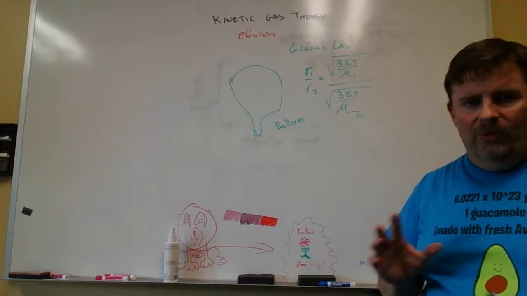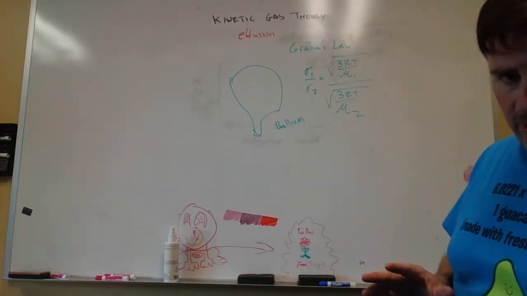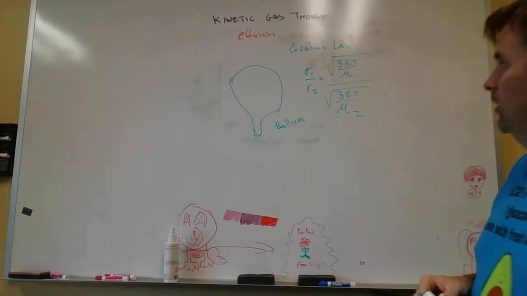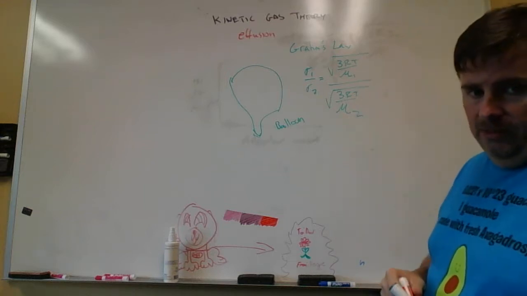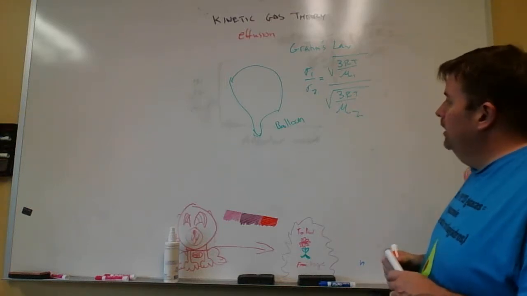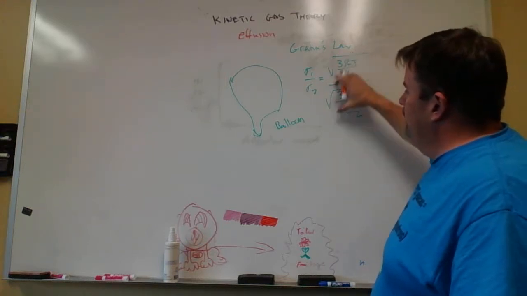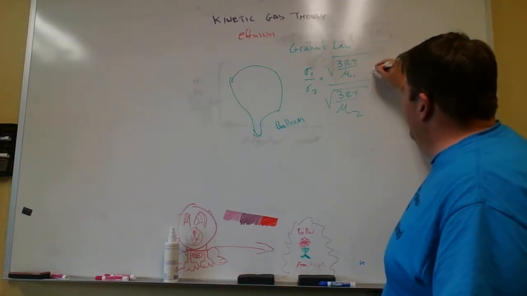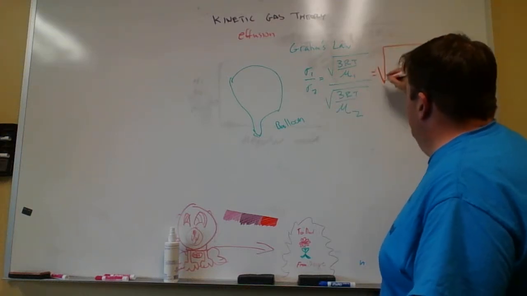Now, if you remember your math, and I hope you all do, these things can be combined in a certain way. If I take these two things, I can take the entire square root of the system.